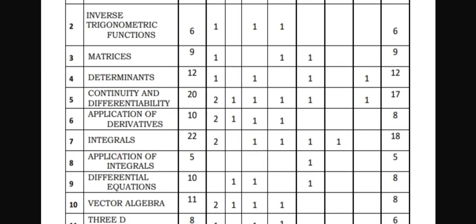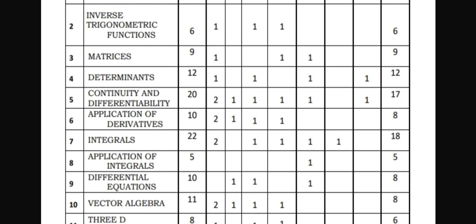Here one of the important concepts is integrals. Some students think integrals is a difficult concept. When you understand it well, the integral is easy; otherwise it is difficult.